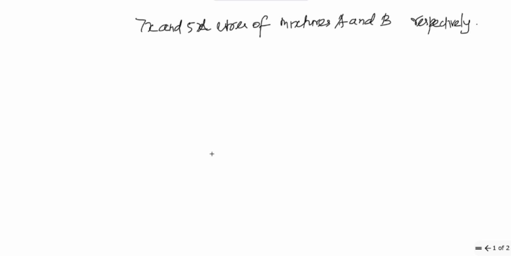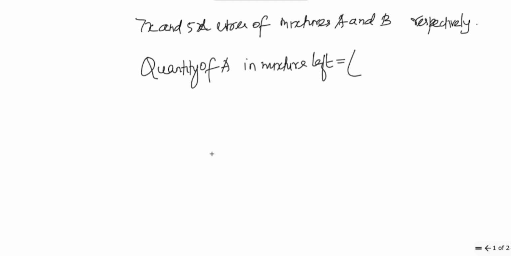We are removing 9 liters. So from A also we are removing as well as from B also we are removing. Whatever mixture is left, we need to think in terms of A as well as B. Quantity of A in mixture left. Our 7x denotes the actual amount of liters. From that, we are taking away 7 out of 12 times 9.